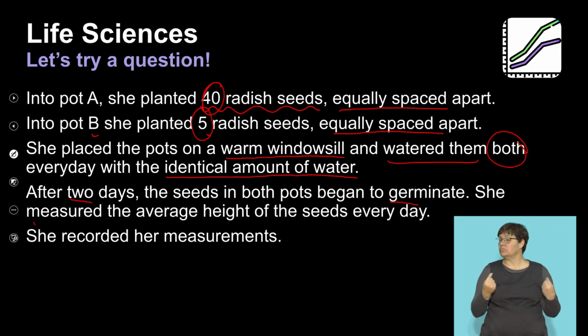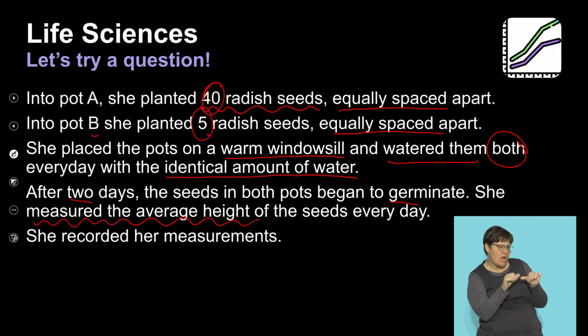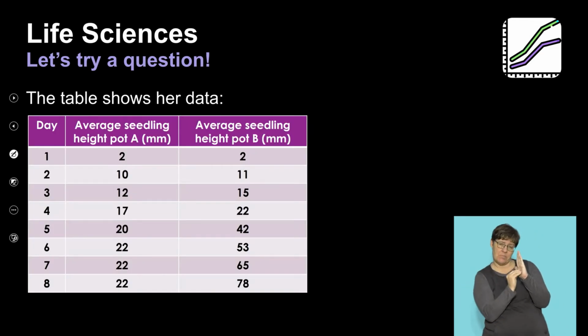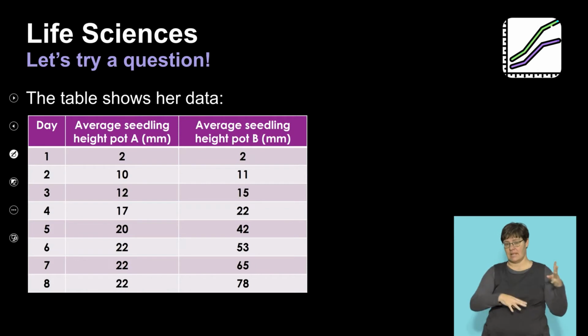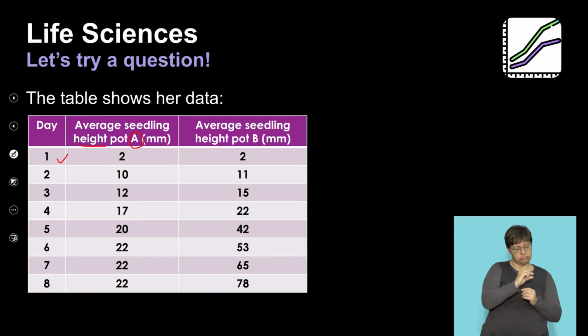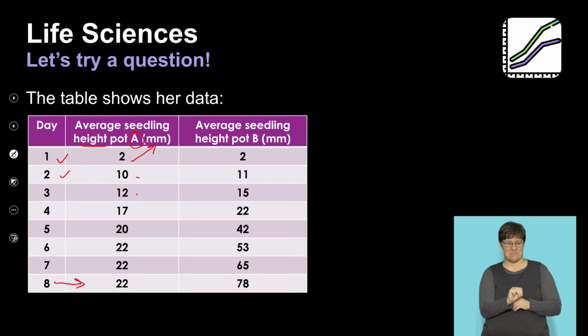What did she do? She measured the average height of the seedlings every day, and she recorded her measurements. Here is the table. Day 1, after germination, we see that pot A has an average seedling height of 2 millimeters. In that pot, on day 2, they had grown to 10 millimeters, 12, all the way up to 22 millimeters on day 8.